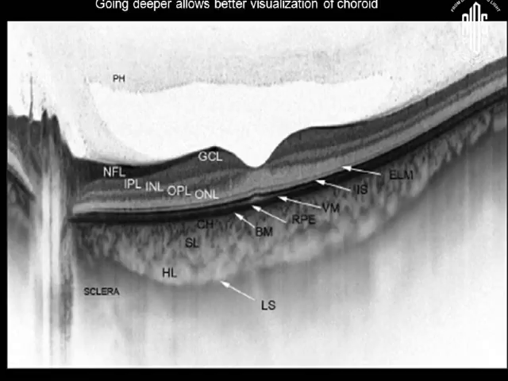Or if your mediators of inflammation are accumulating in it, you may keep on giving steroids, but it may not help unless you mechanically remove the traction and release those inflammatory mediators. That is why vitrectomy is picking up more and more as a therapeutic measure.